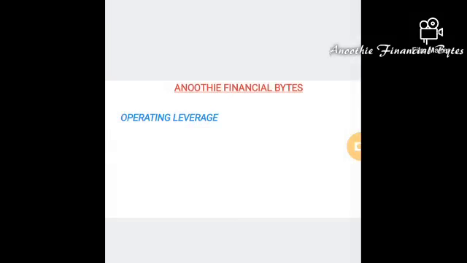The lower the operating leverage, the more profitable it will be for you, because its formula is contribution upon EBIT. In my previous video, I told you what contribution is and what earnings before interest and tax is. So it basically shows the relationship between contribution and EBIT. The lower the operating leverage, the more margin of safety an investor will have.